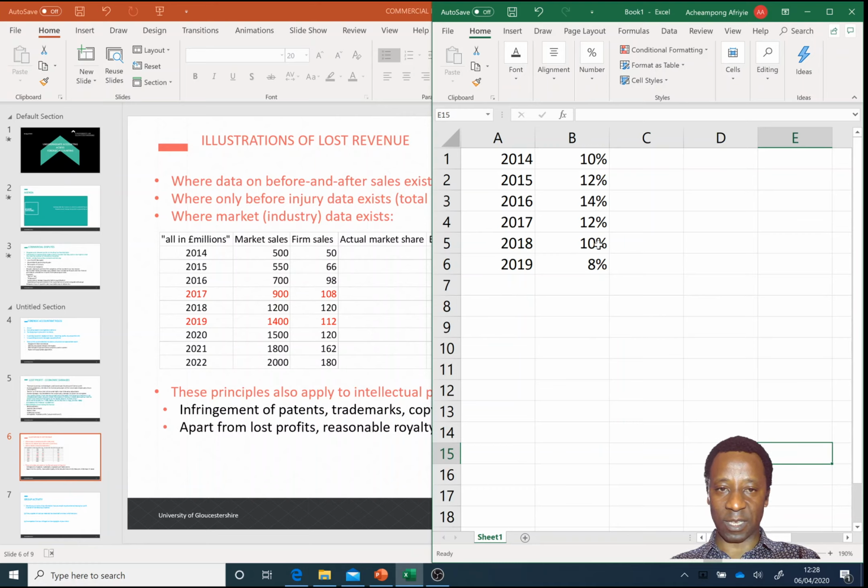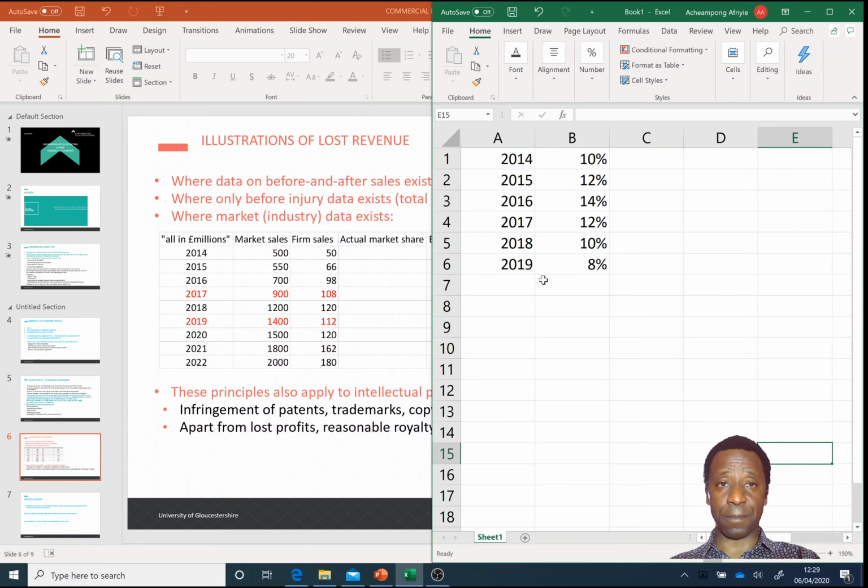So it went down to 10% in 2018, and it's gone further down to 8% in 2019. So you can see that there is a downward trend. So what we're saying here is this firm might have a case to say that the breach indeed has caused economic damages in terms of lost revenue.